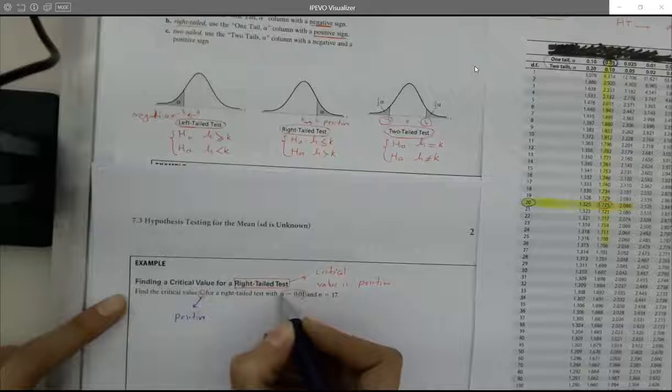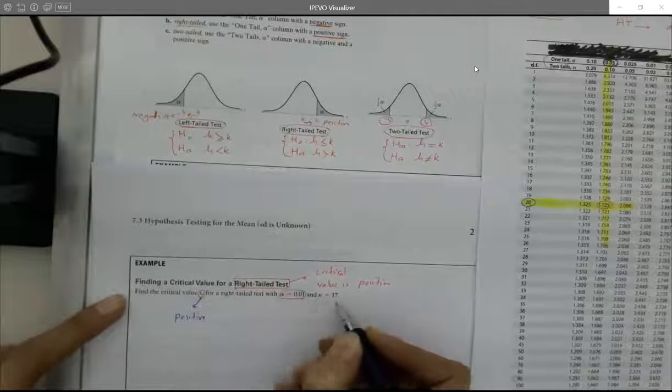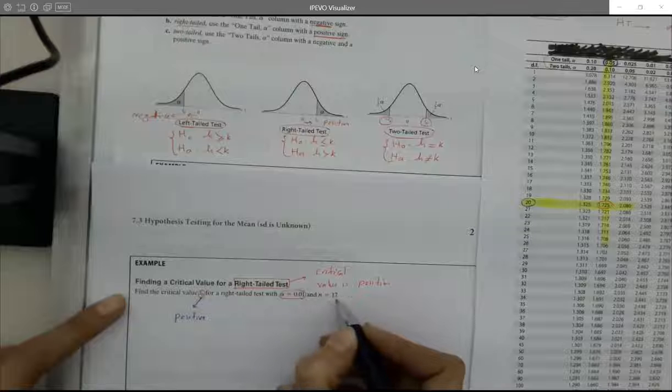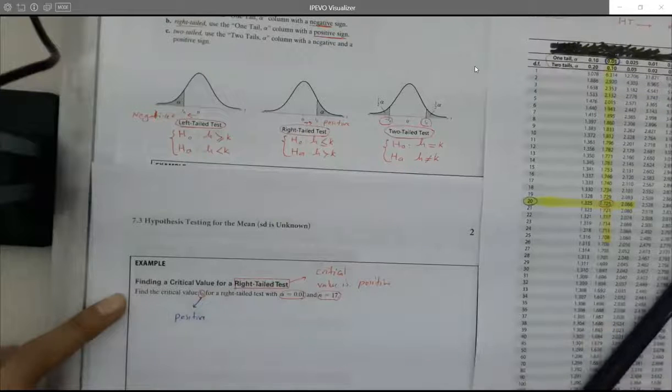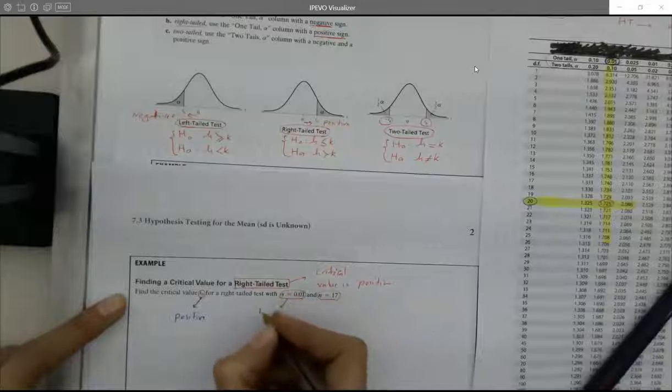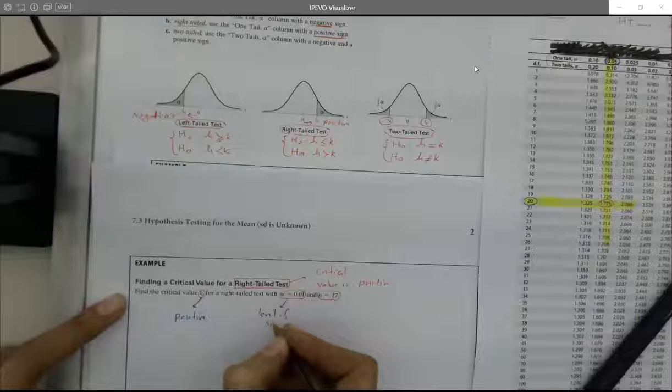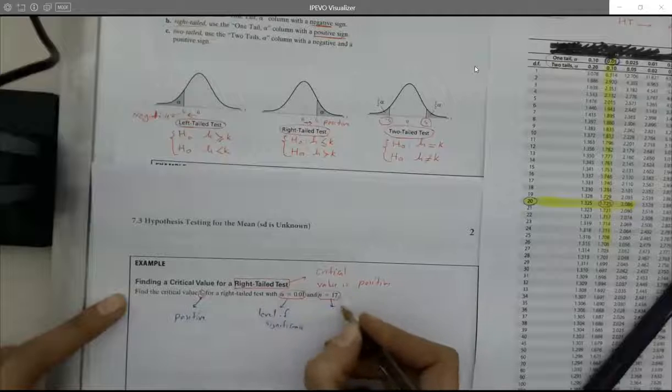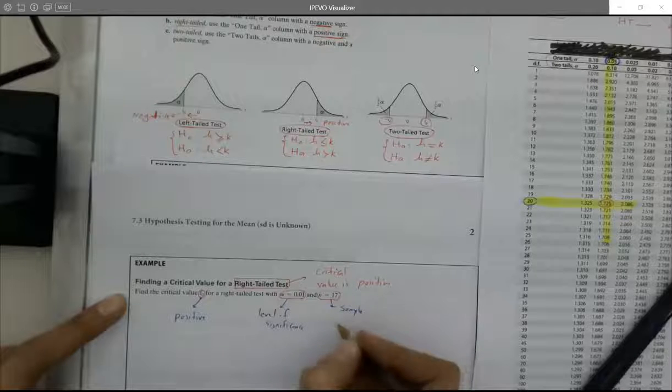Okay, 1%. And the sample size is 17. So level of significance is given, and my sample size is also given.